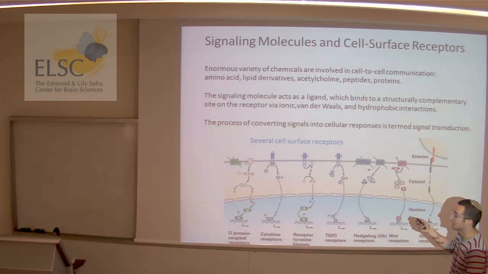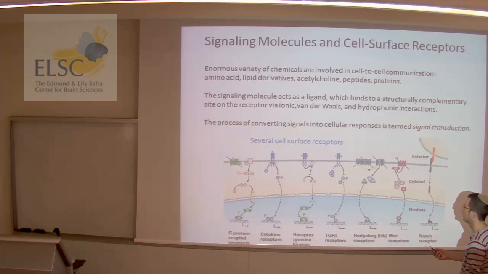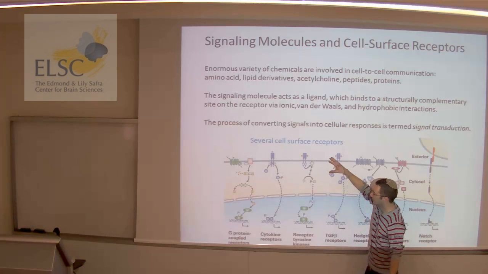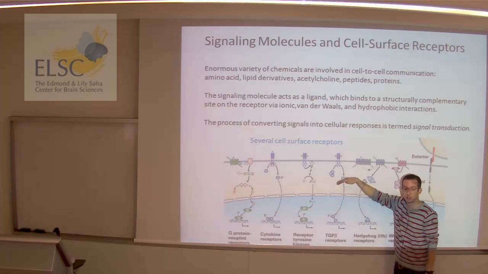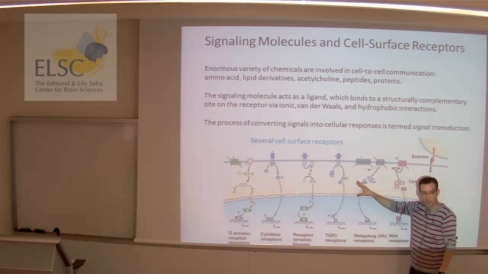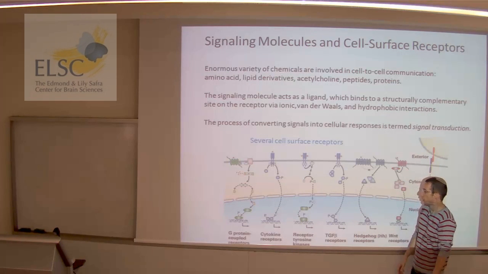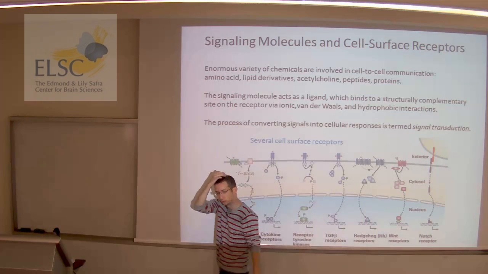And all signaling molecules act as a ligand that is recognized by a receptor via a combination of weak interactions, and which then activates the receptor in some manner. The whole process from the binding of the signaling molecule to the receptor, through activation of some molecular cascade, and ending with some intracellular process that has been initiated, is called signal transduction. And this will be the focus of today's chapter.